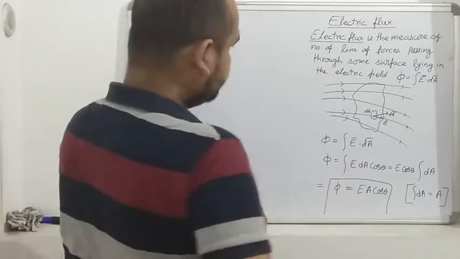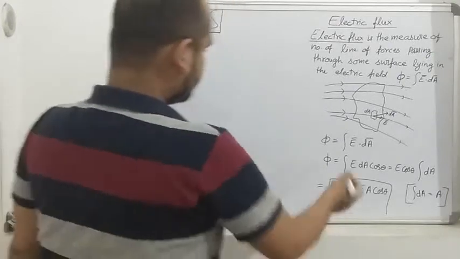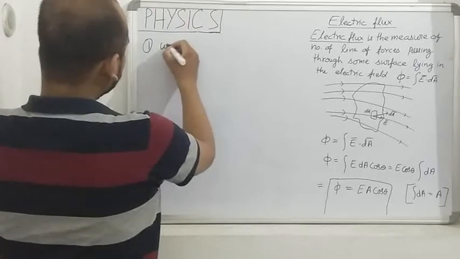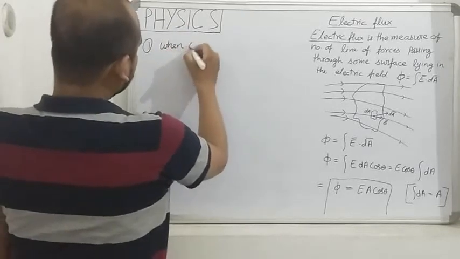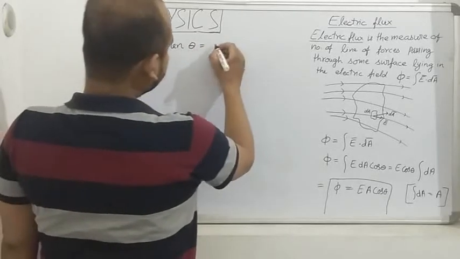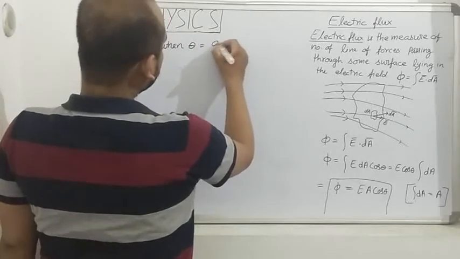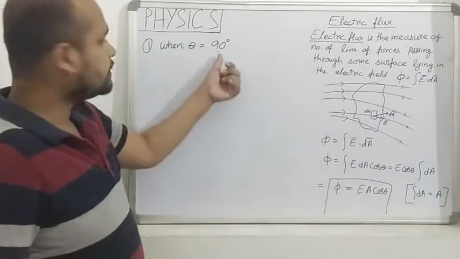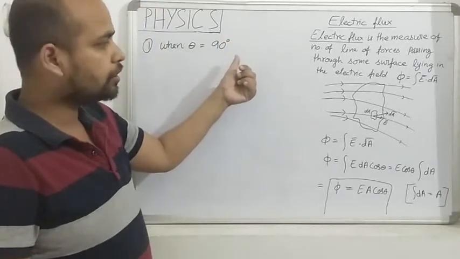First one is when theta is equal to 90 degrees. When theta is equal to 90 degrees, it means what?